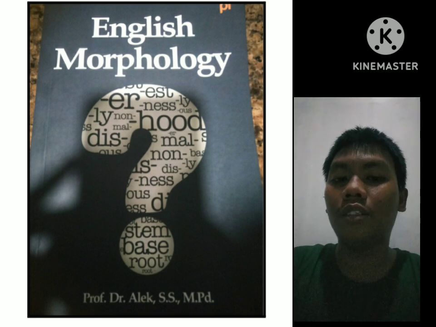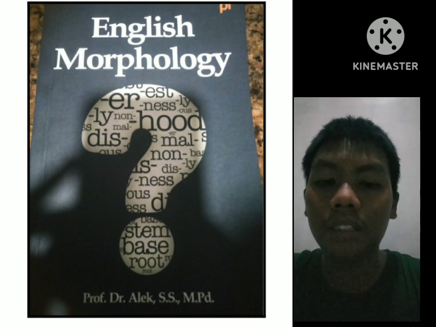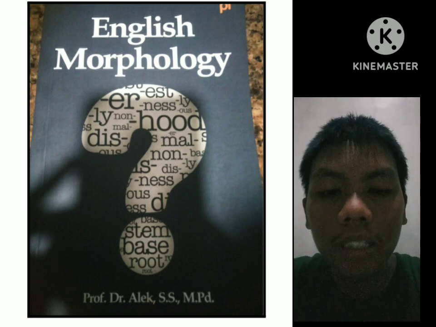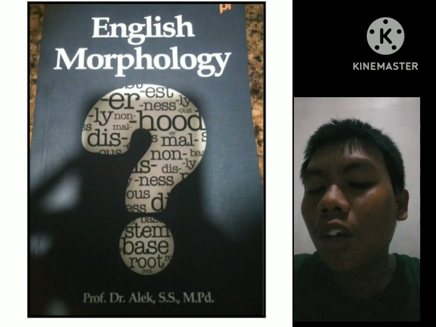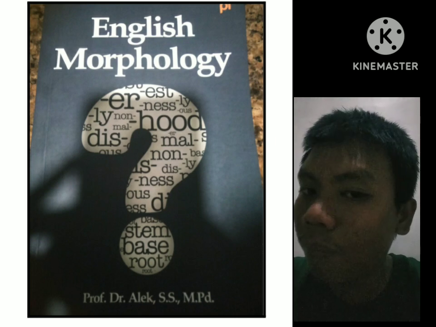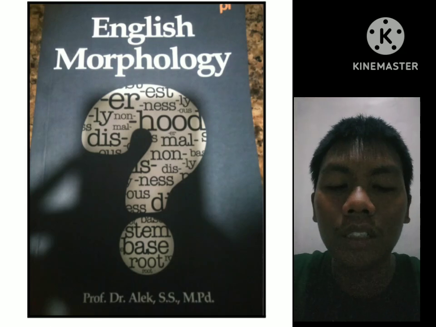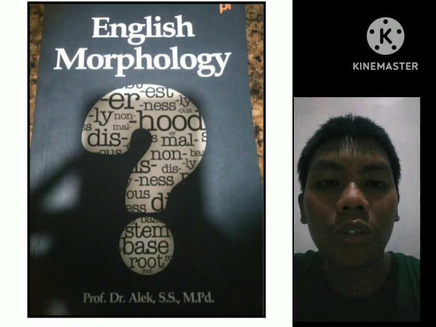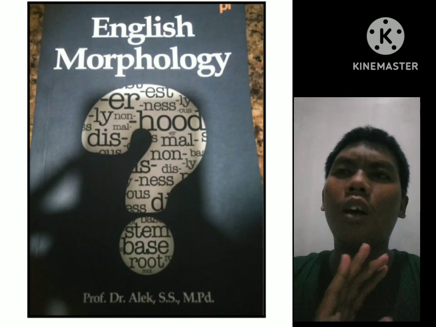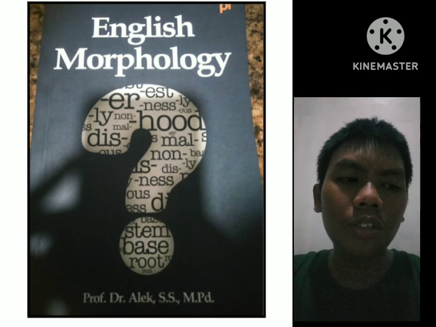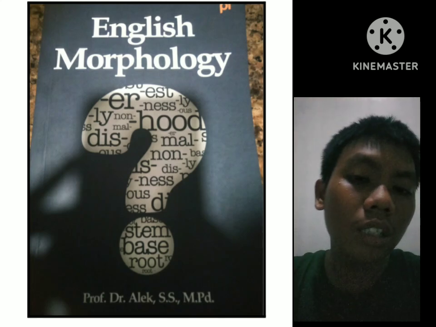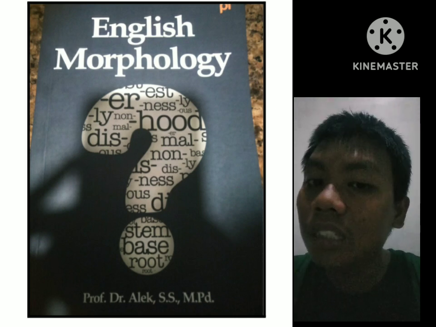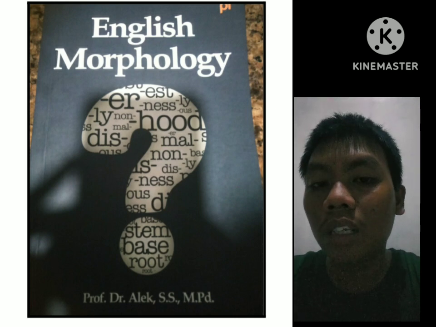And some good points that I found in this book are that the author gives a lot of references and also a lot of paraphrasing from past researchers who already found the theory first, so you don't have to read many journal articles or something to know the definition of some morphological stuff.